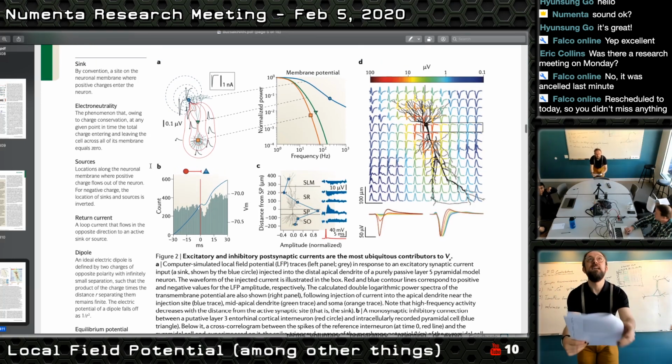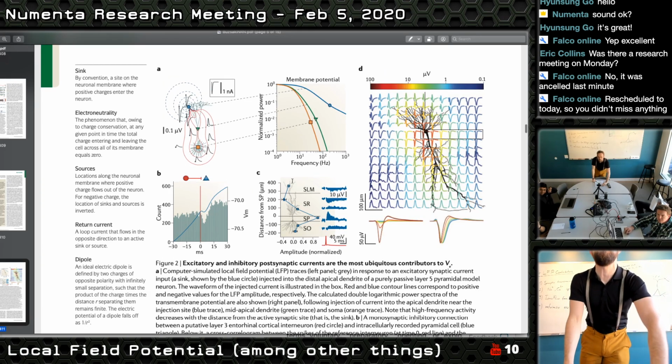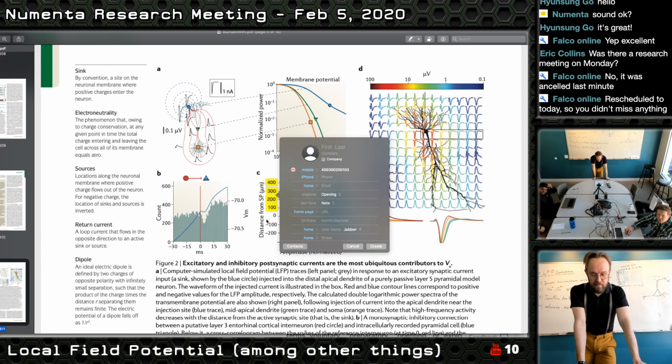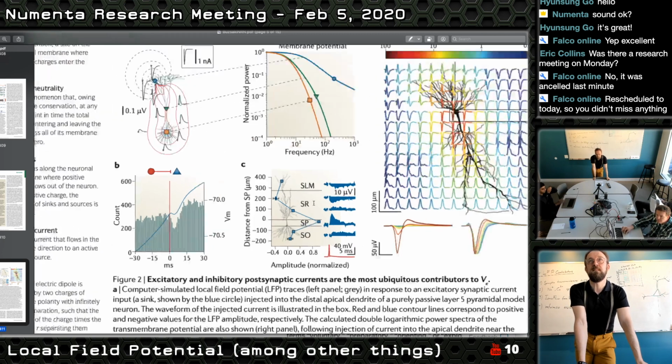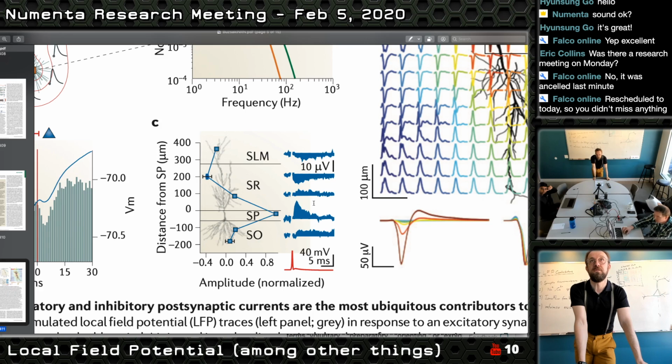More importantly, figure 2C, which is sort of the opposite of this. This is inhibition. In this case, they don't use stimulating current, but they simply make basket cells fire near a pyramidal neuron in hippocampus. As you probably know, these basket cells tend to provide perisomatic inhibition, very close to the soma.